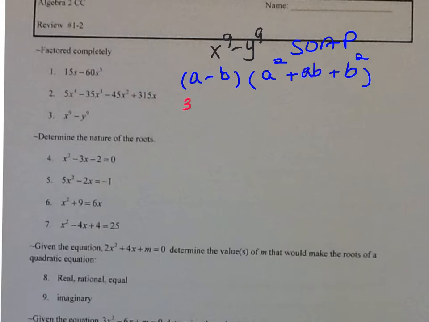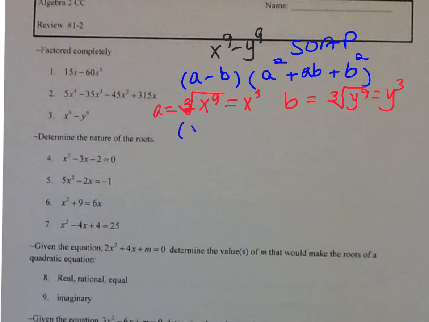We want a to be the cube root of the first term, x to the 9th. The cube root of x to the 9th is x to the 3rd. Remember, you take the exponent, 9, and divide by the index, which is 3. B is the cube root of y to the 9th, which would be y to the third. So I'm just going to fill in.